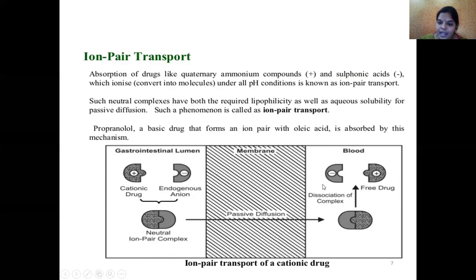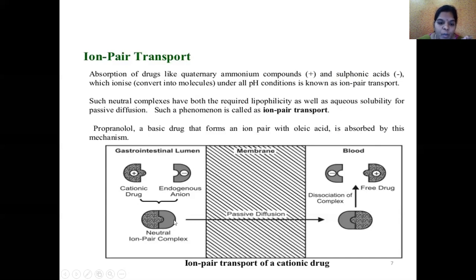The dissociation of the complex will take place in blood. See how clear the mechanism is. You all should observe the picture very clearly. Cationic drug having positive charge and endogenous anion having negative charge are combined together and form a neutral ion pair complex under the GI lumen.